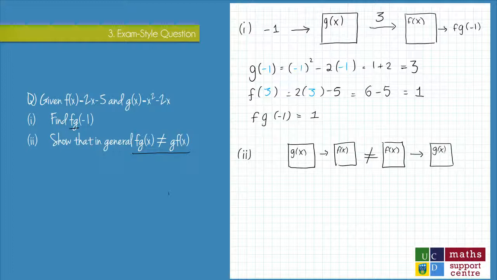So maybe it's tempting here just to use -1 again, except this time use f of x first and then g of x, but the question does say in general, which means we will want to find our composition in terms of x.